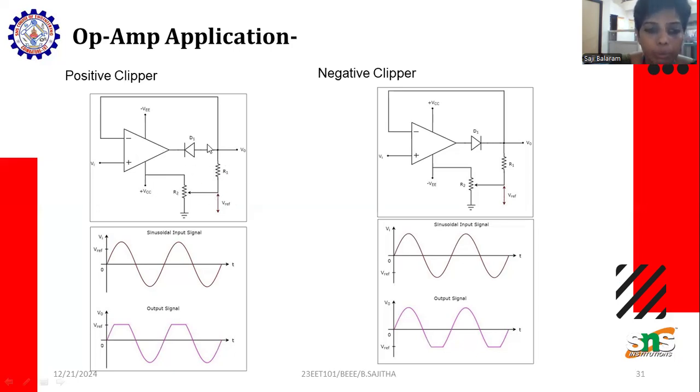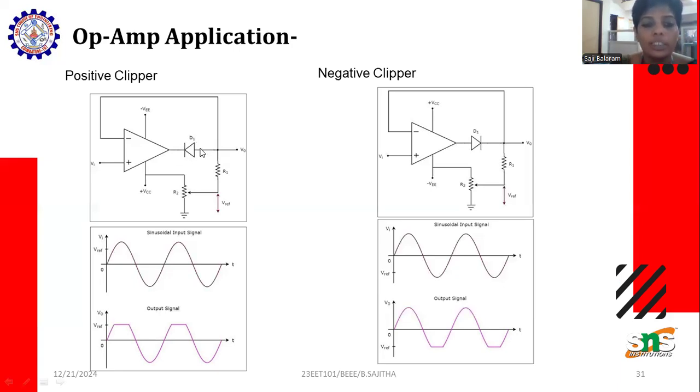This brings about a reference voltage, called V reference, which is given to the anode of the diode, and the cathode of the diode is given as V input. As we know, a diode turns on when a positive supply is given to the anode or a negative supply is given to the cathode, meaning that the anode should be more positive than the cathode.